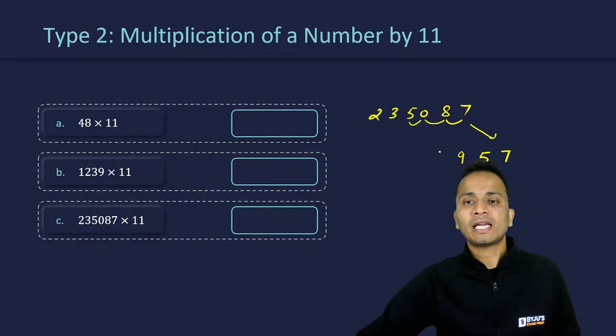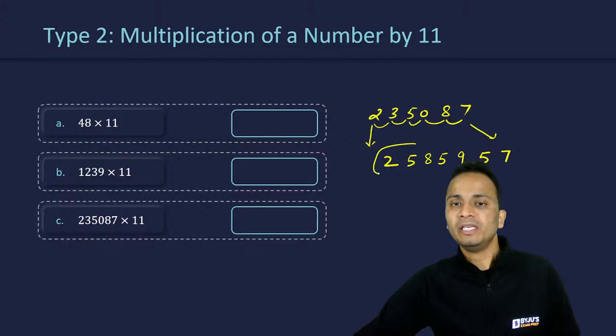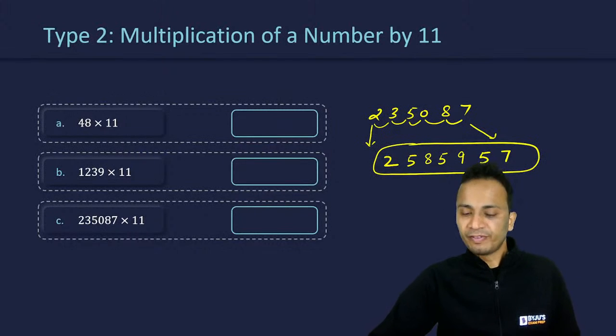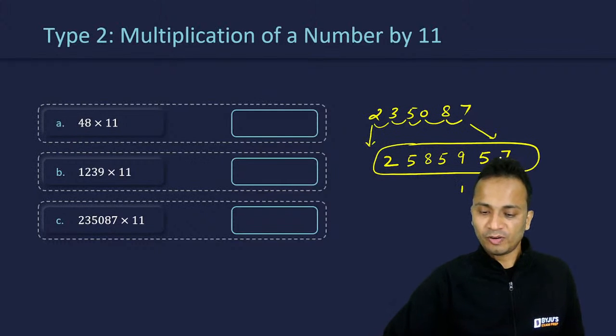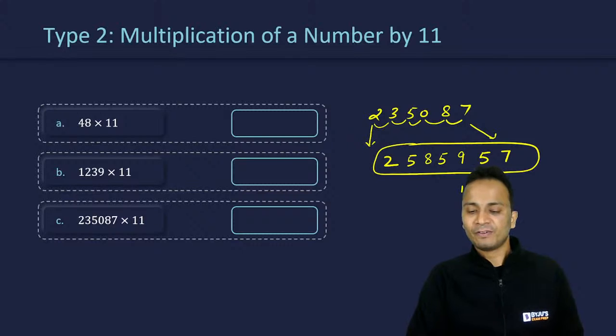Then these two numbers are added, it will give me 5. These two numbers are added, it will give me 8. These two numbers are added, it will give me 5. And finally 2 as it is. So the final answer will be 2585957. All right, I hope all of you are getting the same answer, 2585957.